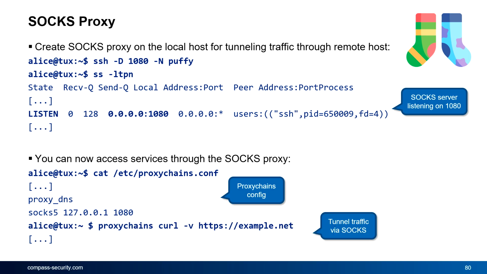And then you can use proxychains to start a new command using these proxy settings and then access any service via the SSH tunnel. So this allows you to use the network connection of another remote host via SSH.